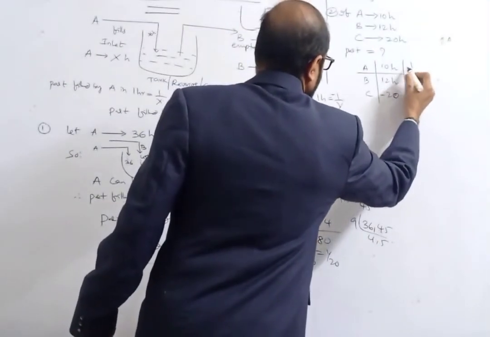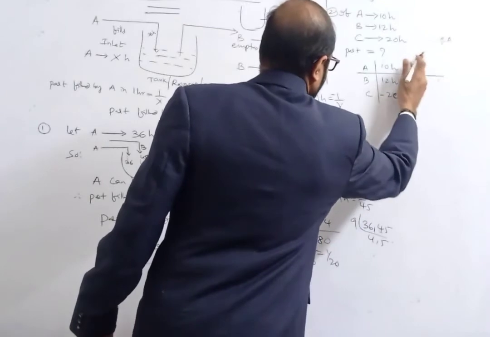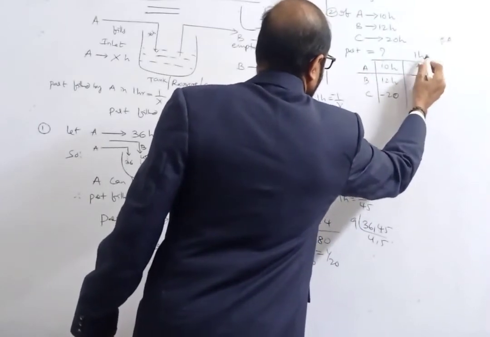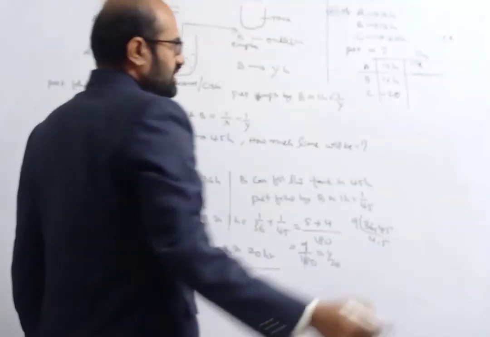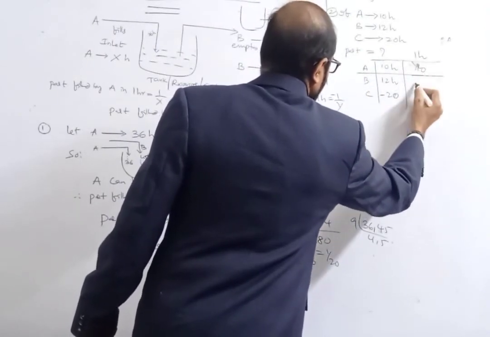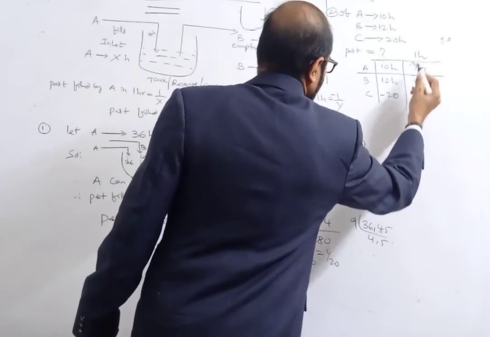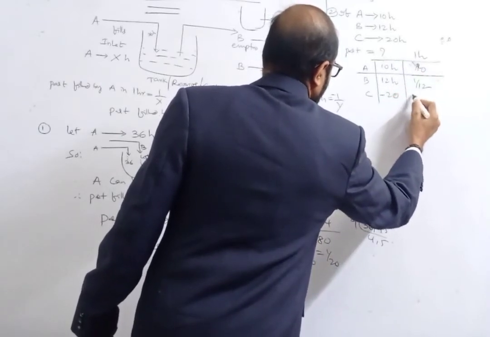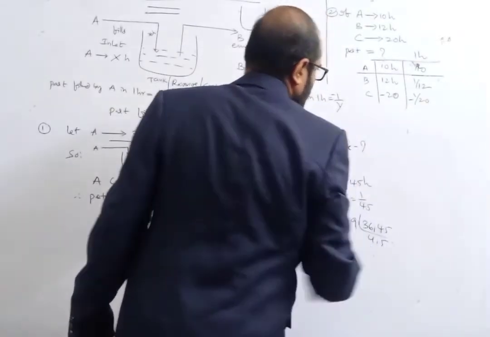Then the part filled by A in 1 hour is 1 by 10. The part filled by B in 1 hour is 1 by 12, and the part emptied by C in 1 hour is minus 1 by 20.